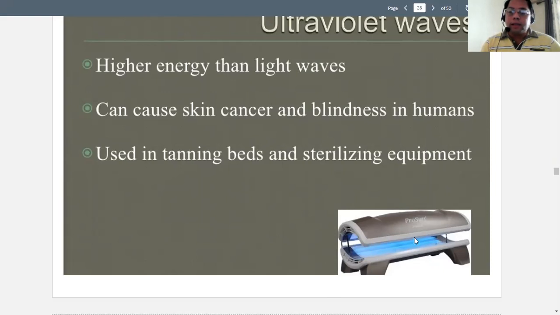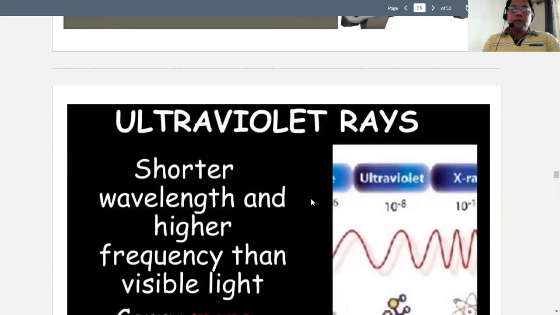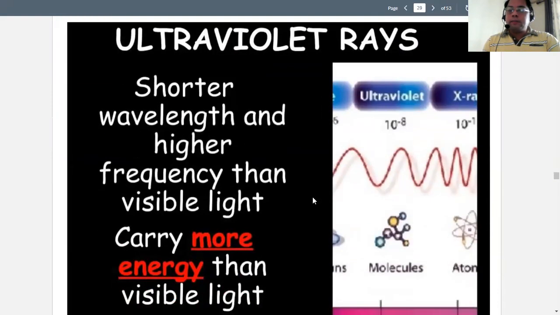So again, you can tan yourself with some levels of controlled amounts of UV radiation. Or sterilizing some equipment. So we have some UV scanners, mga bakal na tube na bala, and then they can scan a surface to kill some microbes or microscopic objects.